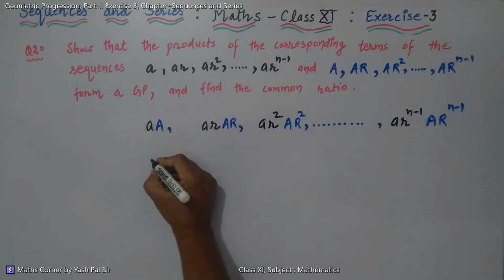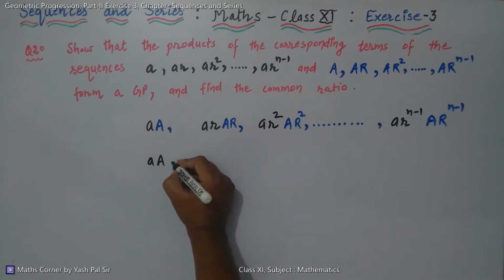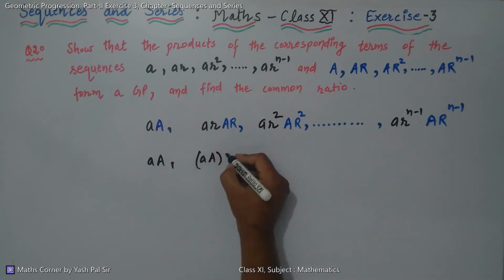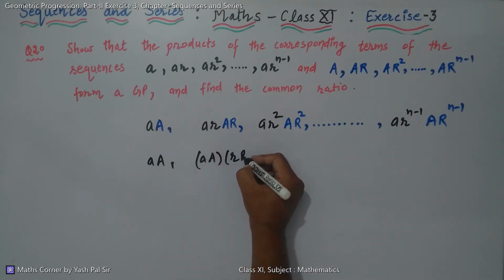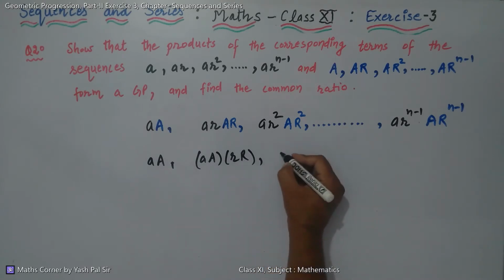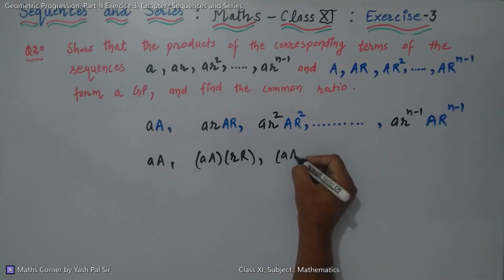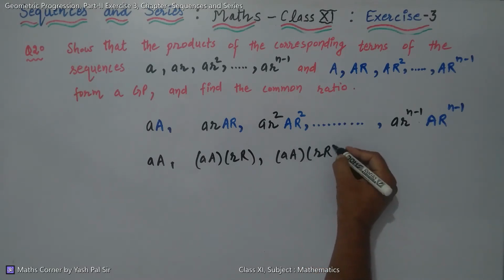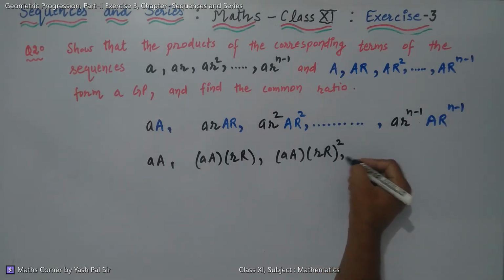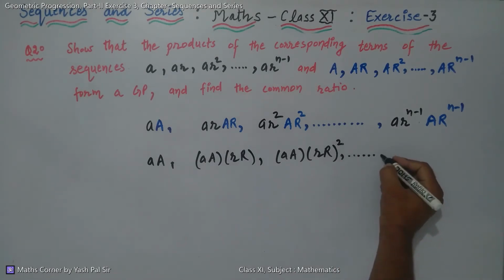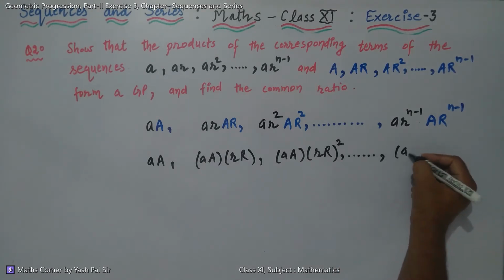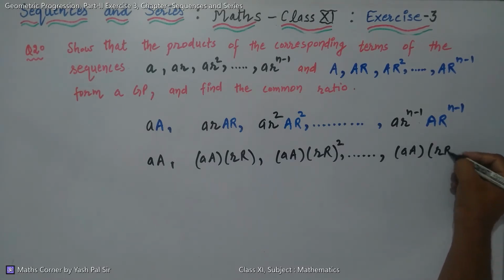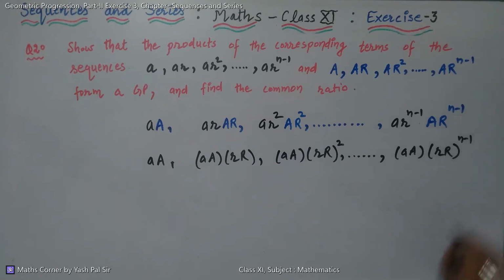This becomes a into A, comma, a into A into r into R, comma, a into A into r into R whole square, and so on. This is a into A into r into R raised to power n minus 1.